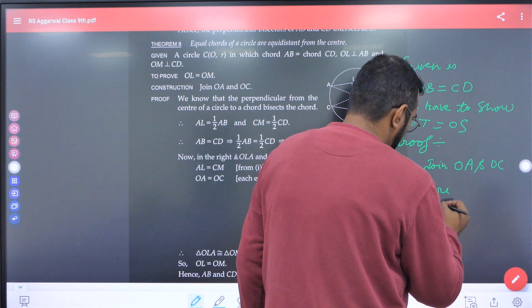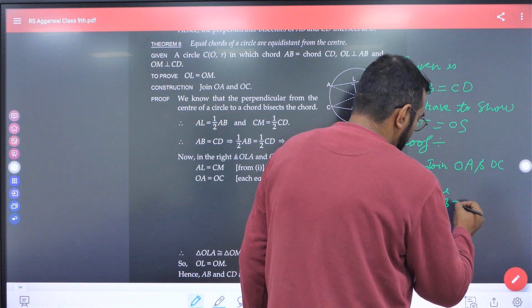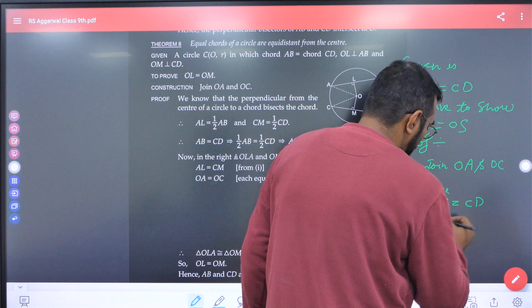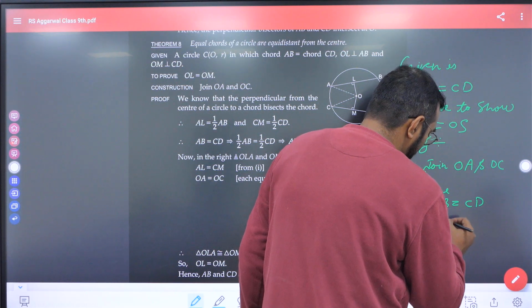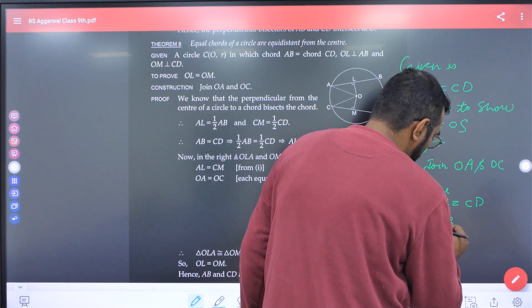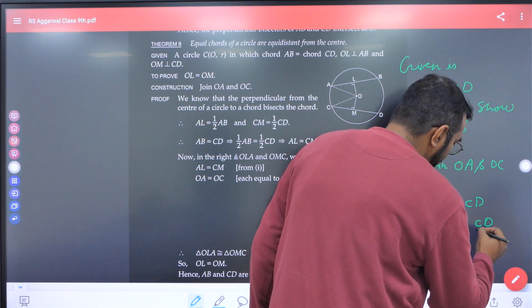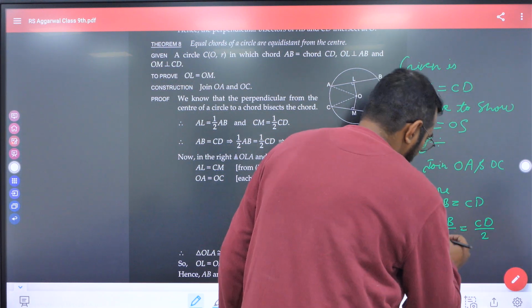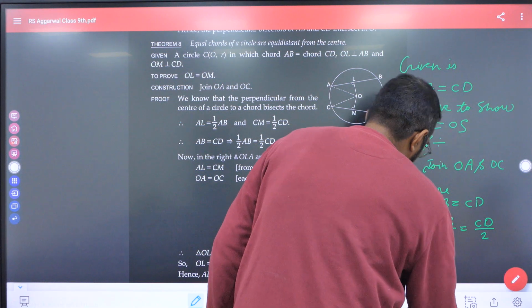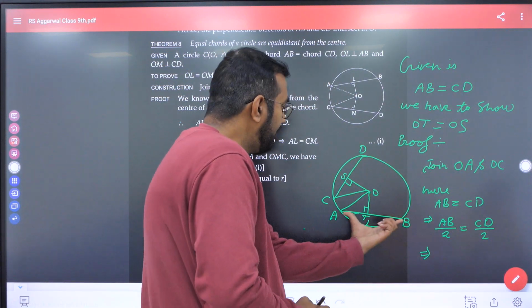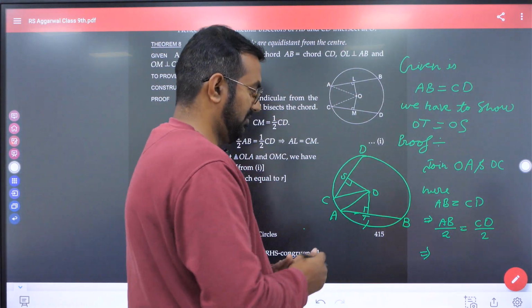Here AB is equal to CD. This implies that half AB will equal half CD. Half AB is equal to AT.